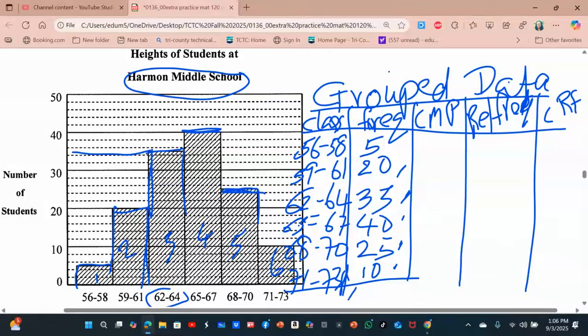So the total frequency, or summation frequency, is 135.